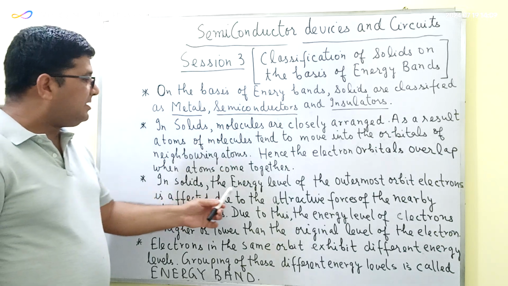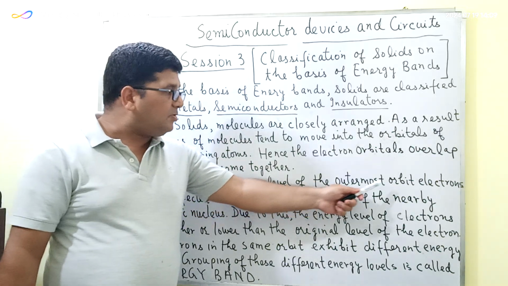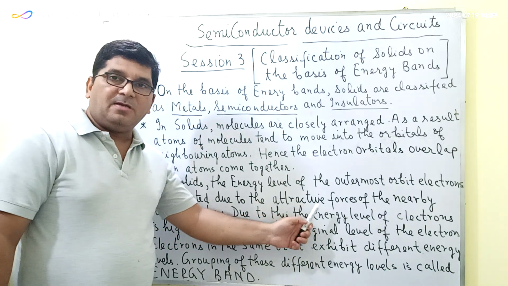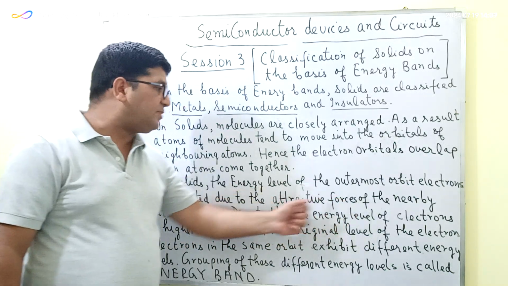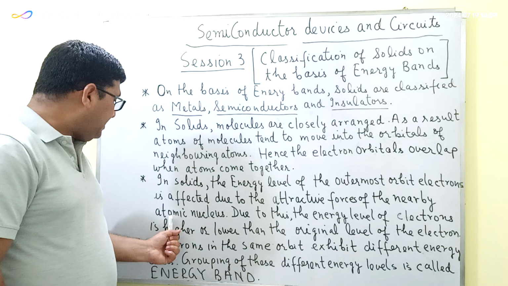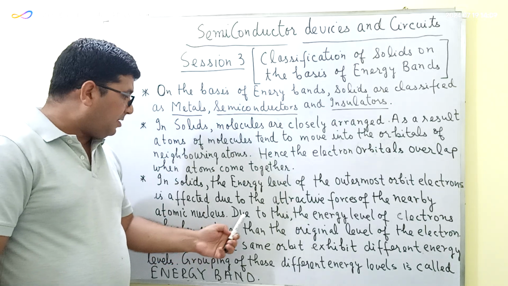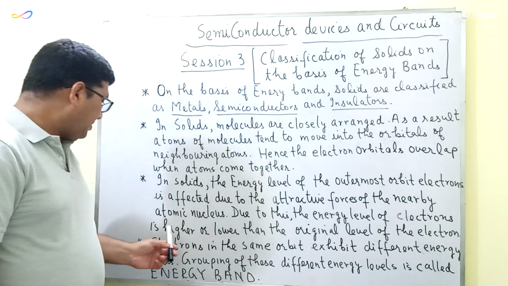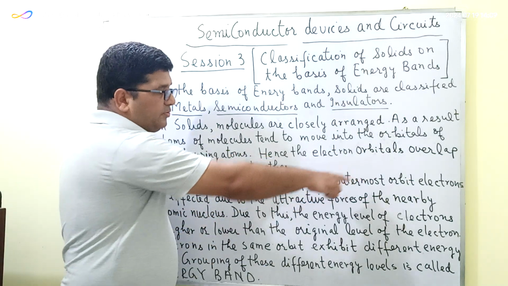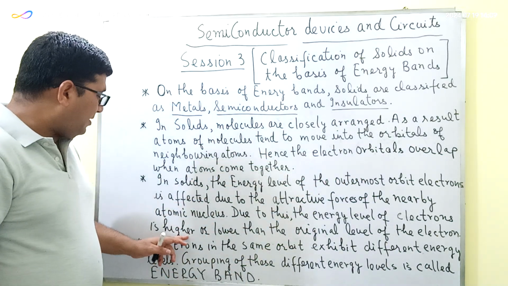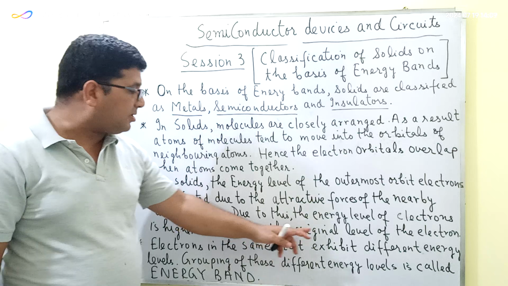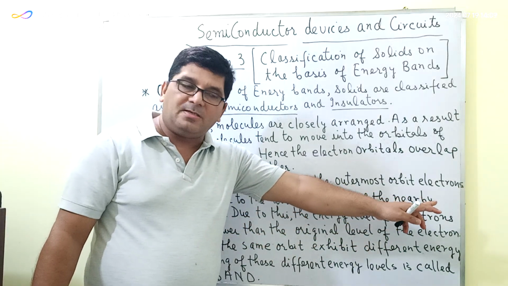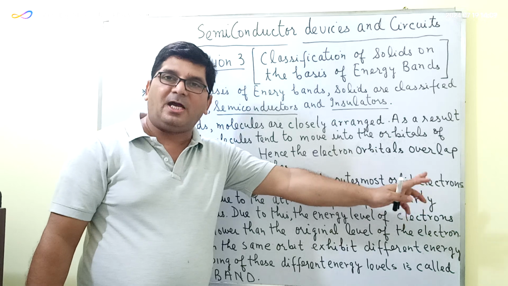So, in solids, the energy level of the outermost orbit electrons is affected due to the attractive forces of the nearby atomic nucleus, and because of that, the energy level of the electrons in the outermost orbit is higher or lower than the original energy level of the electron in the case of an isolated atom.